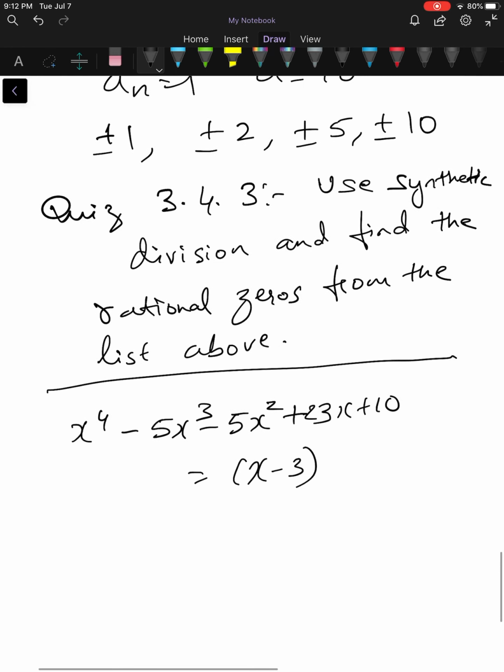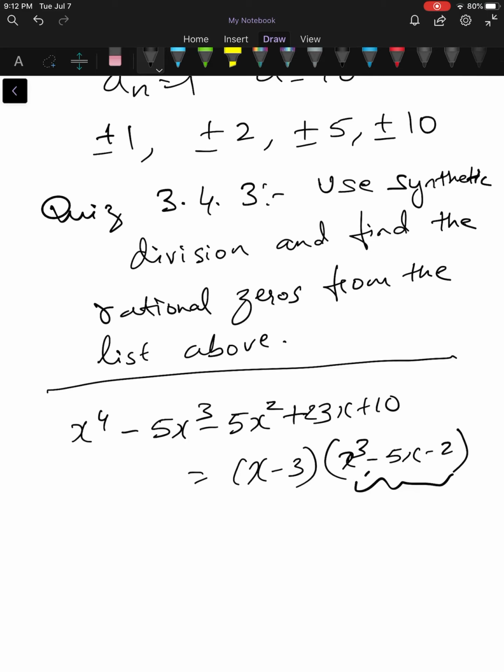If you do the synthetic division, you will get the quotient x cubed minus 5x minus 2. Now let us try to factor this quotient. Its possible zeros are divisors of negative 2 because the leading coefficient of the quotient is 1.